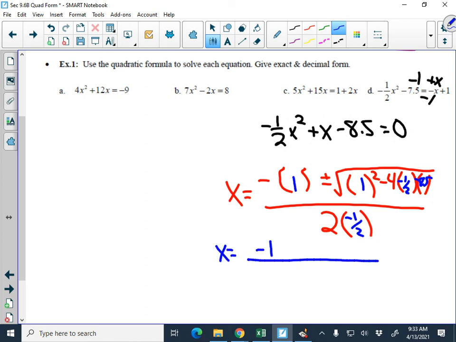X equals negative 1. 2 times negative 1/2 is also negative 1.